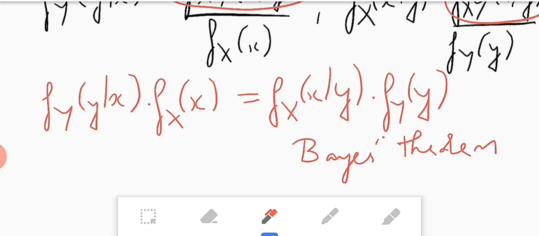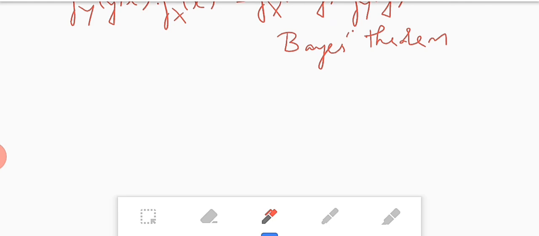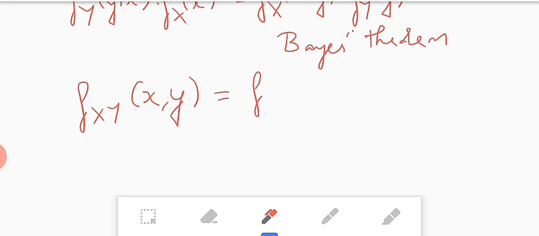And one more observation to make. What if your x and y variables are independent? We already know that if they are independent, your joint PDF is nothing but the product of the individual PDFs.